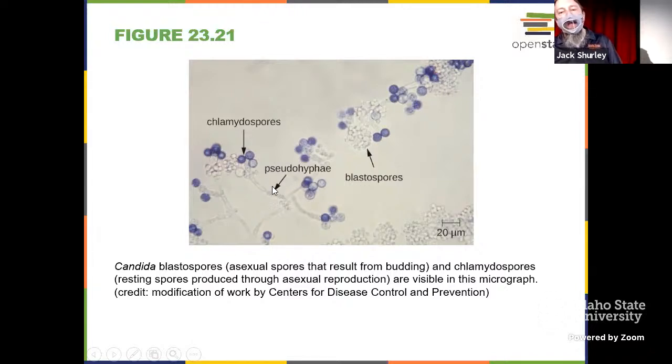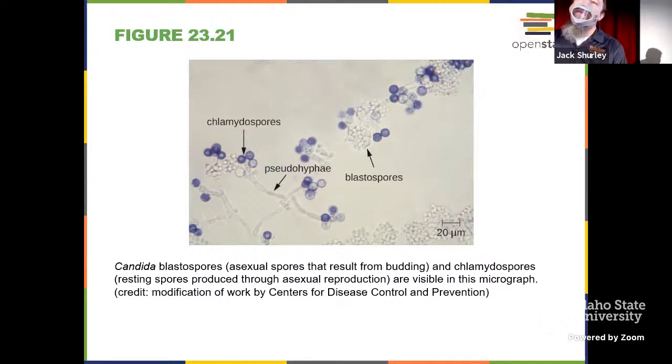The Candida does have the potential to produce these pseudohyphae, and it's as it's growing and replicating that it pushes out these parts of its cell wall. It's not true hyphae, not the hyphae we think about with molds, with filamentous fungi.